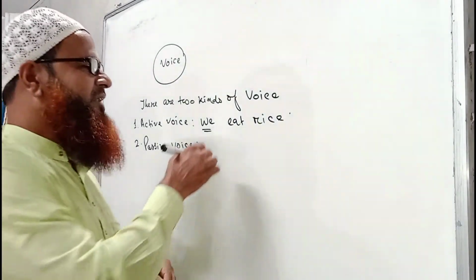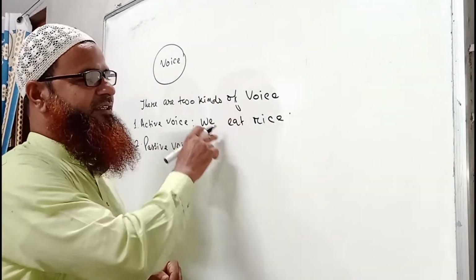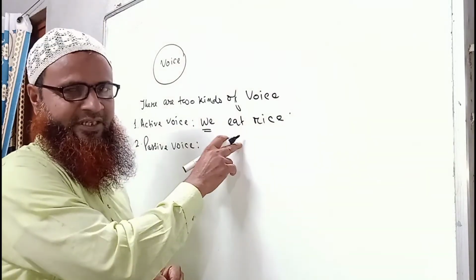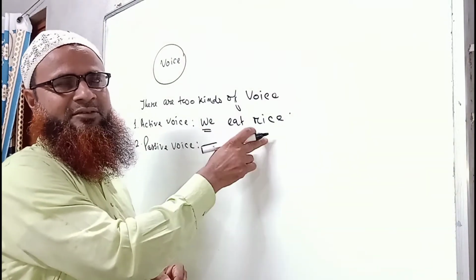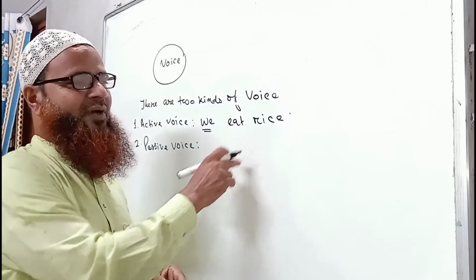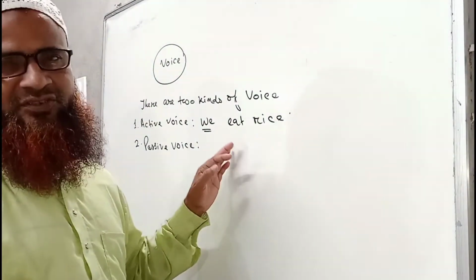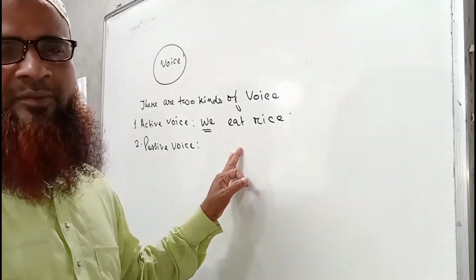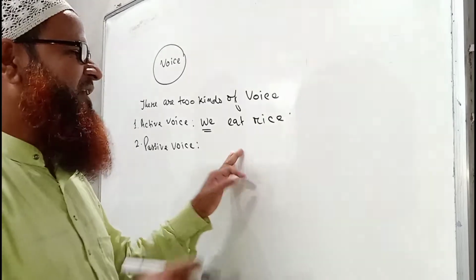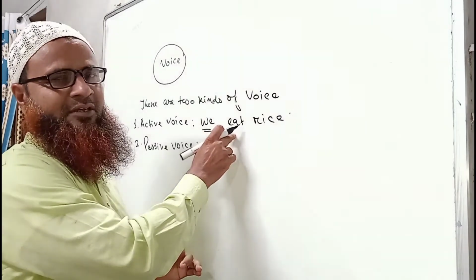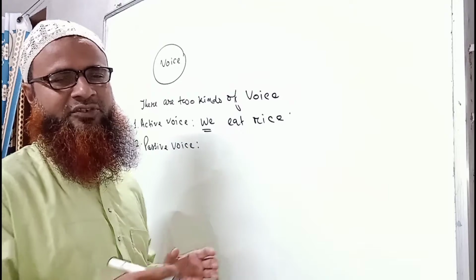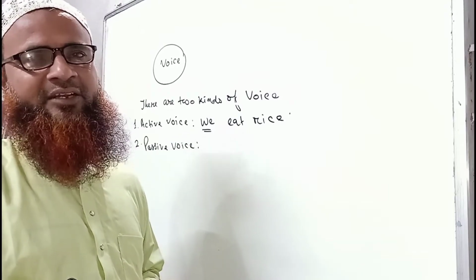So here the action of eating has been done on the word rice. That is why rice is called an object. Or we may find an object in a sentence by questioning the verb with the question words what and whom.